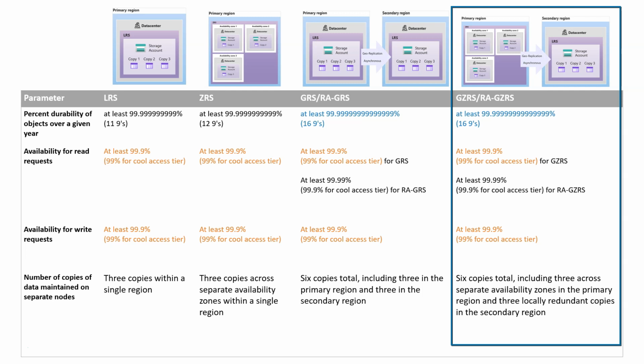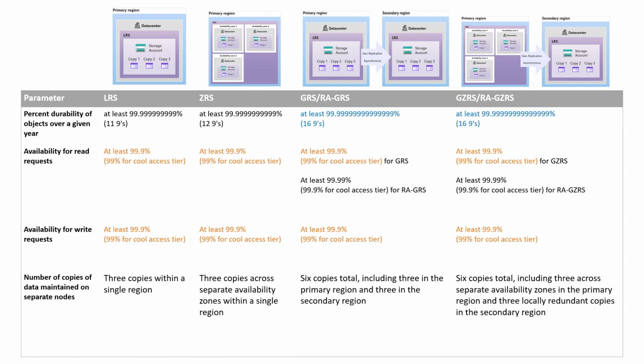Even though Microsoft Azure is guaranteeing the same numbers, that is 16 nines and 99.99, having the data copied into separate availability zones is recommended in this kind of setup for critical applications. So this is the summary, and the things which are the same I have marked in the same color, for easy reading.